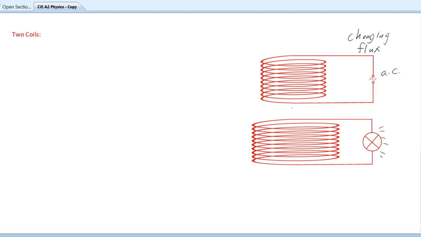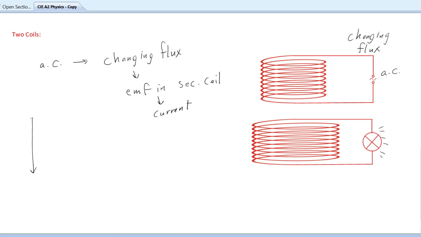This is because a changing current has a changing flux. And this flux induces an EMF in the second coil. So there is an induced current in the coil. So what happens if the current in the first coil is a sinusoidal current?